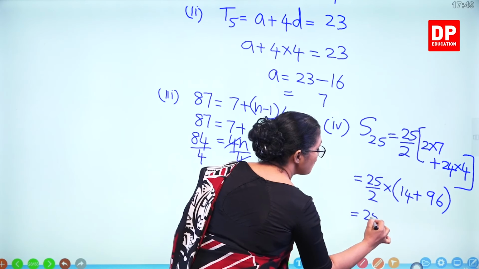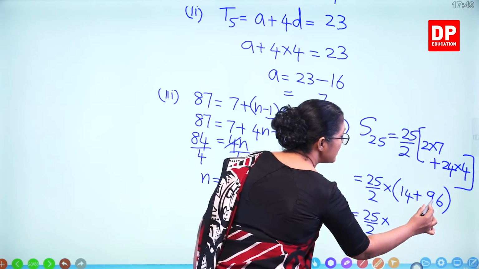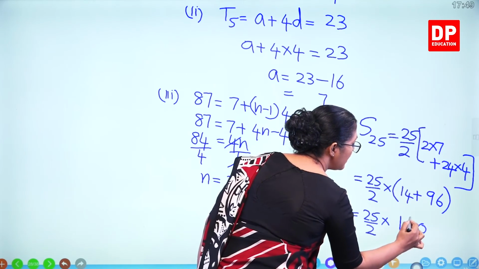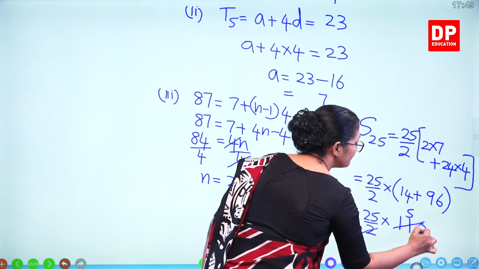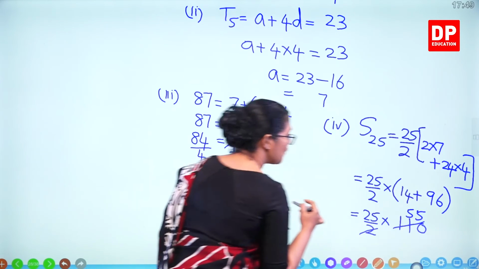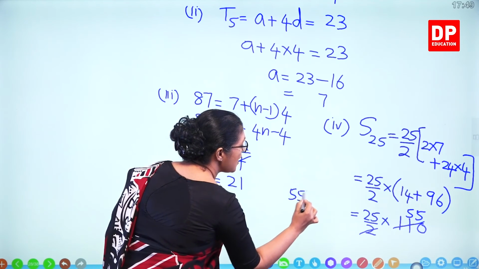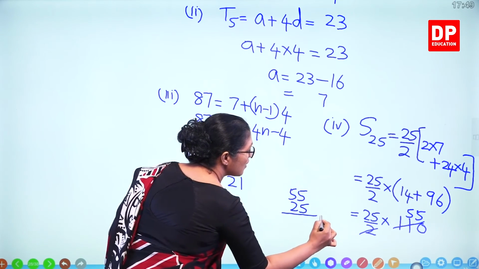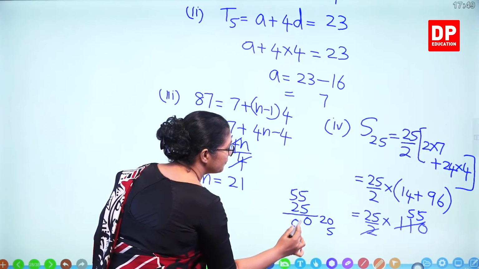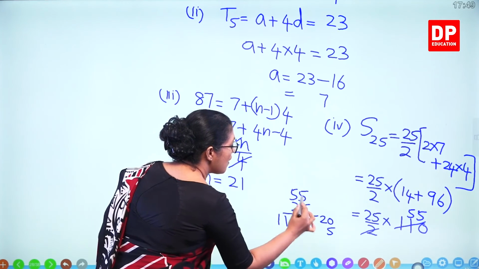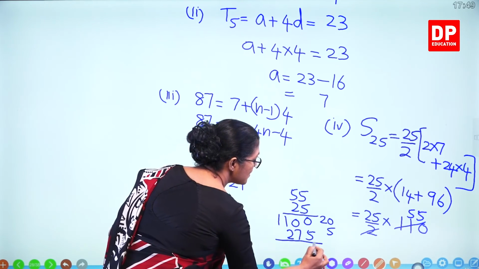So 25 over 2, 6 plus 4, 10 and here 10 plus 1, 11, 110. Divide by 2, 55. So 25 times 55. So 55 times 25, 20 and 5. 5 times 5, 25, 5 times 5, 25 plus 1, 27.